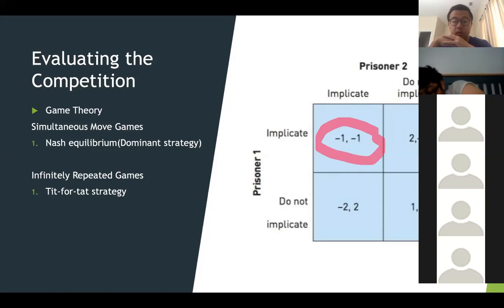They can choose to implicate or not implicate. The Nash equilibrium here means a set of moves in a game that, first, simultaneously maximize each firm's payoff, which means the profit.